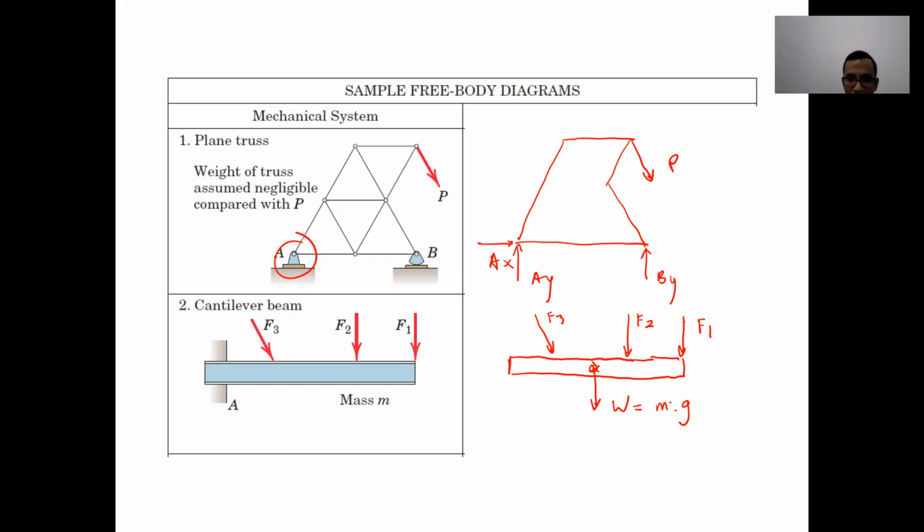Not necessary. If it's needed, you can use the Pythagorean theorem to divide it into F3x and F3y, right? But for the free body diagram, you don't necessarily have to do it from the beginning. You can do it later when it's necessary. At point A, what are you supposed to draw there?